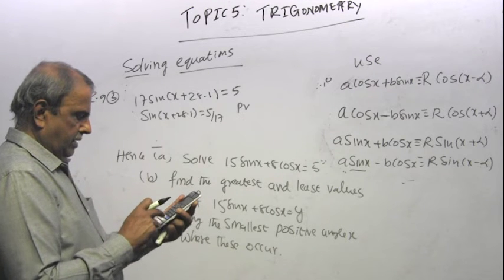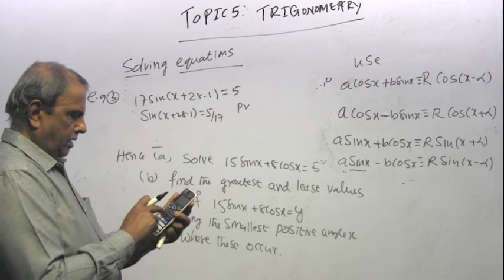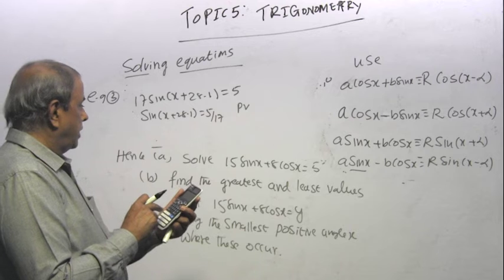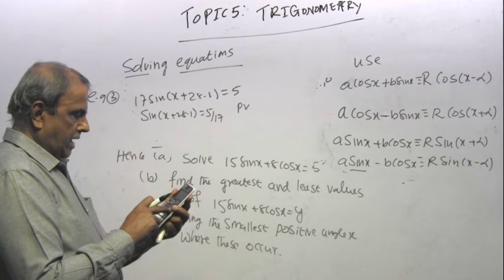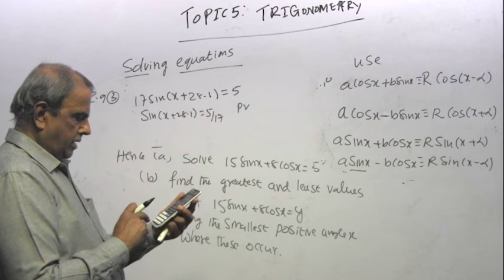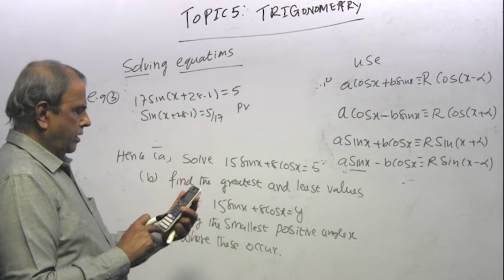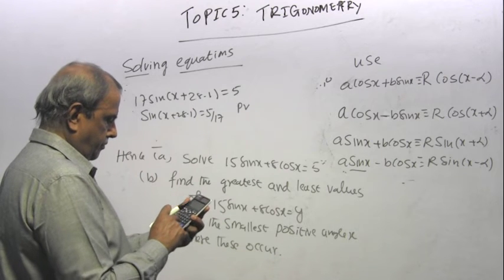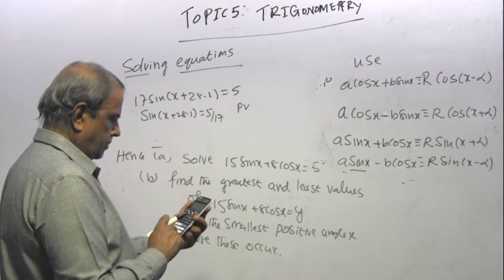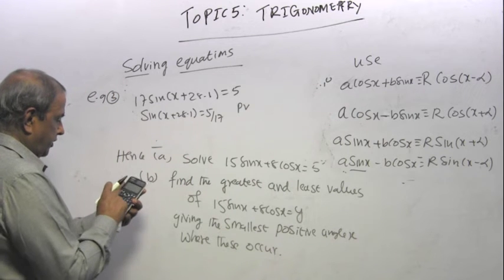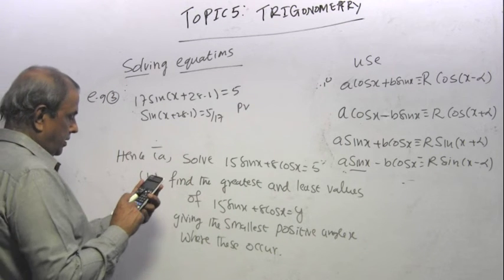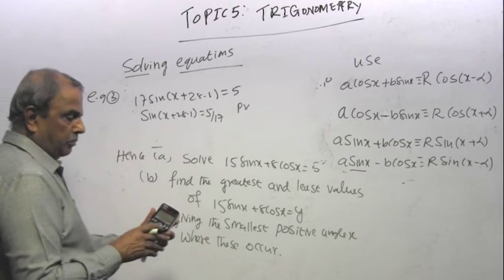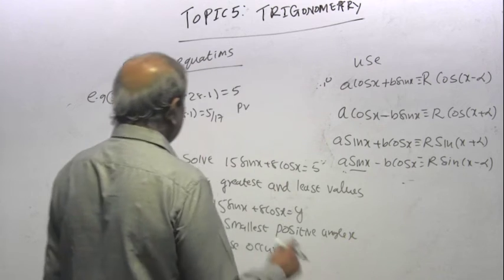Shift, first let me check, was the other one correct? It was shift tan 8 divided by 15. Yeah, that was correct. So shift sine bracket 5 divided by 17 is 17.1.